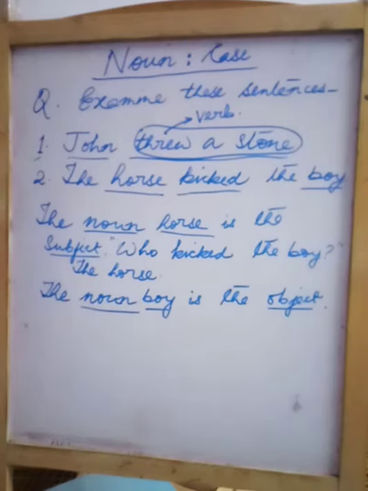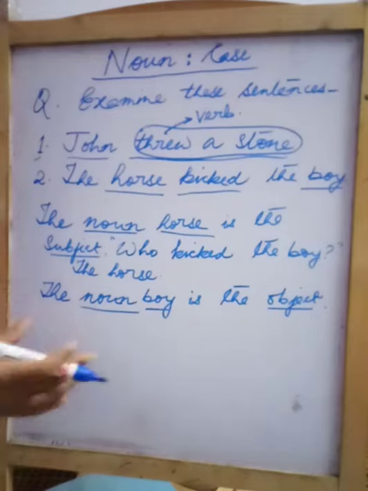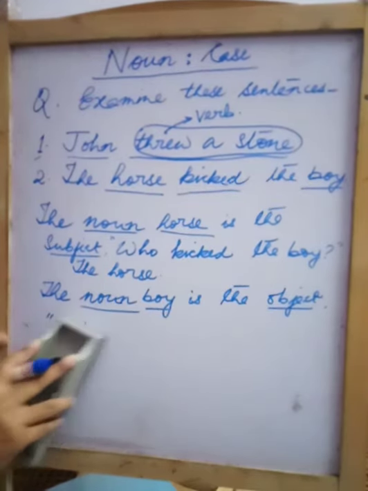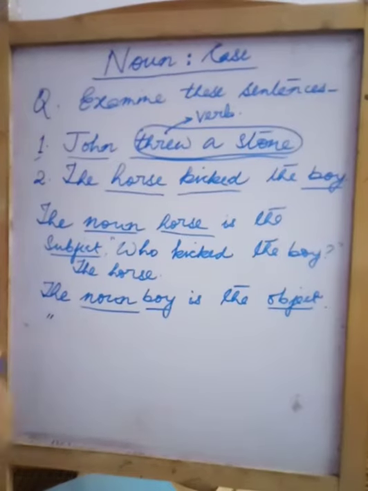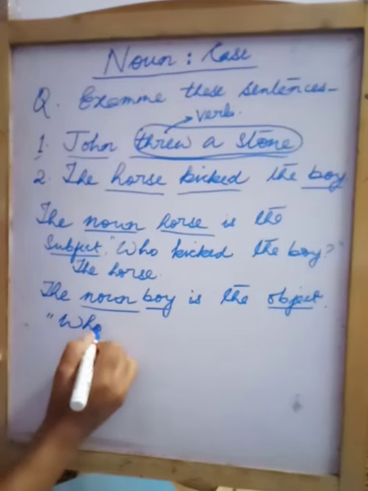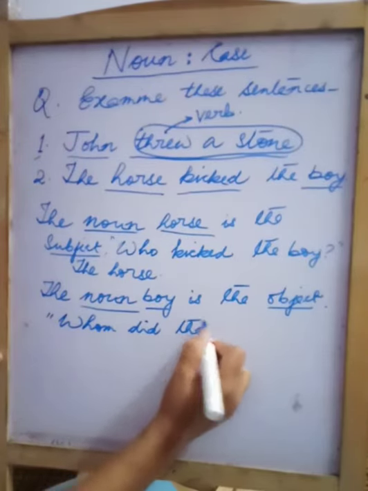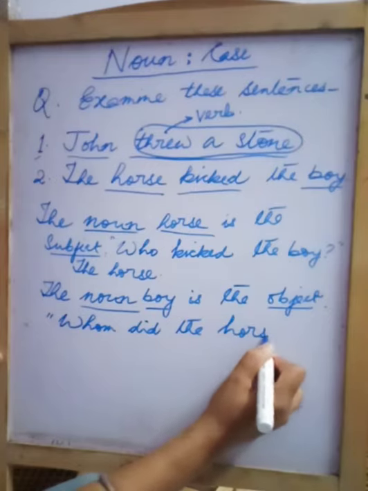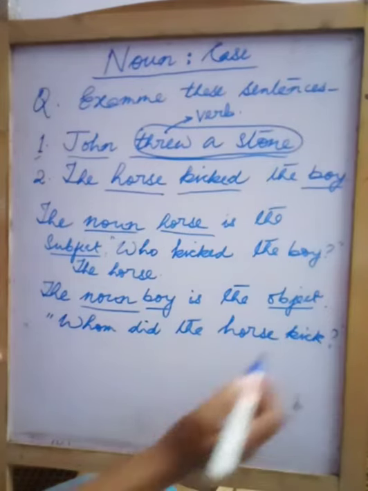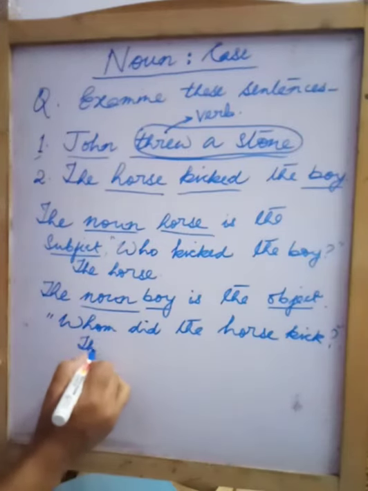So here, when we have written the noun boy is the object, we can also frame a question in this way. Whom did the horse kick? Isn't it? Whom did the horse kick? What will be the answer? The boy.